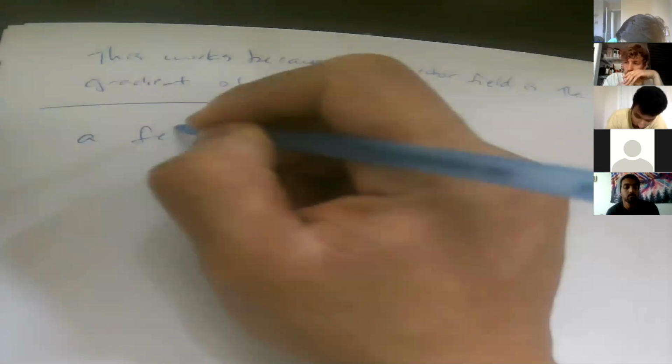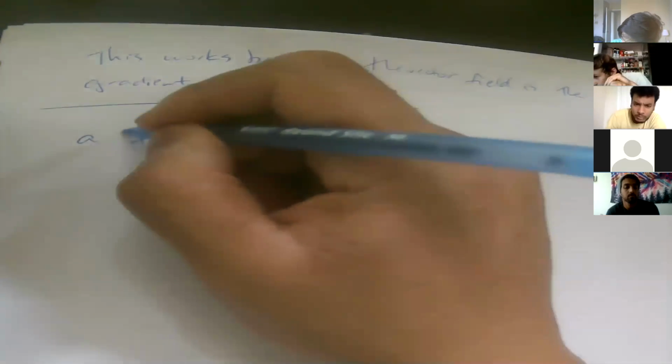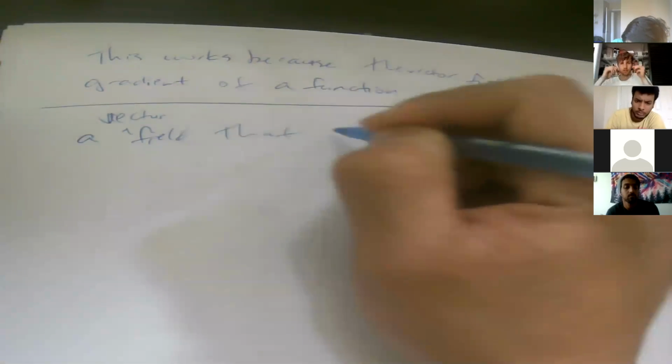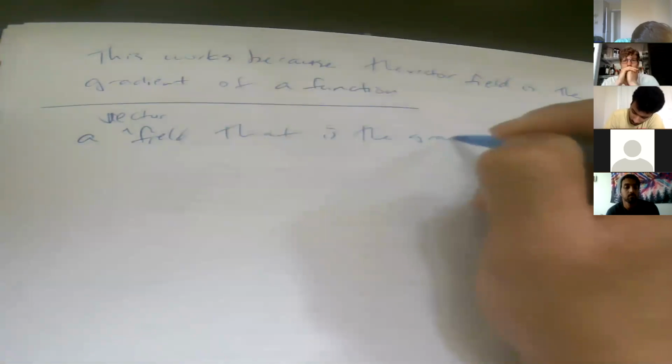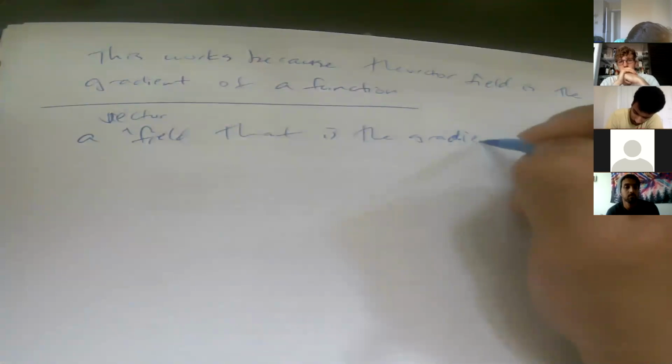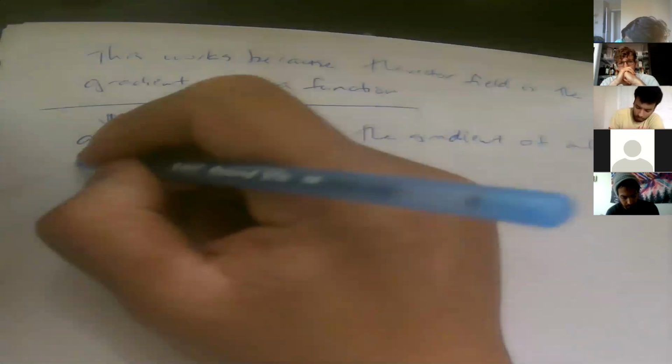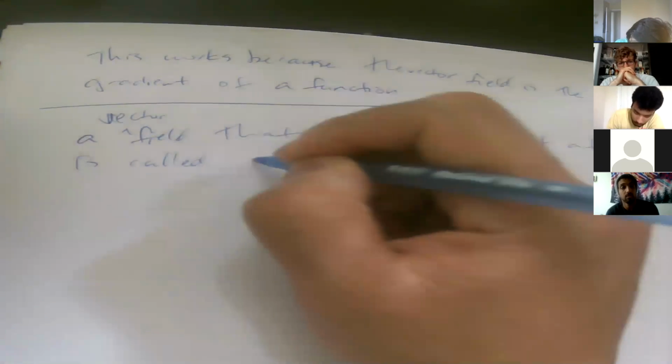A vector field that is the gradient of a function is called a conservative field.